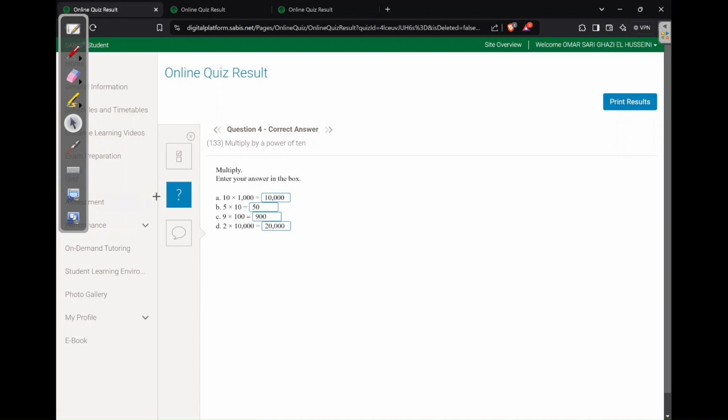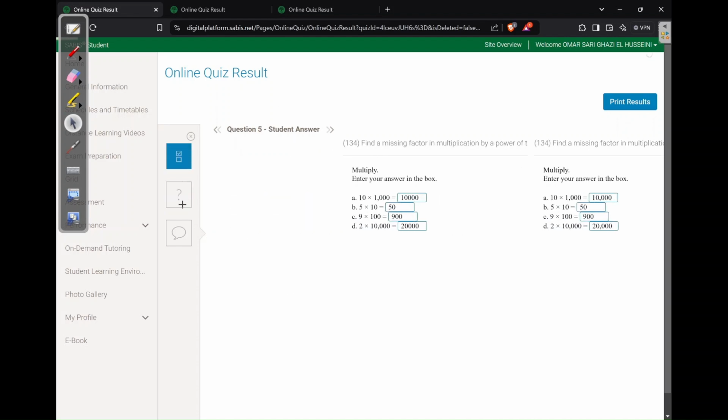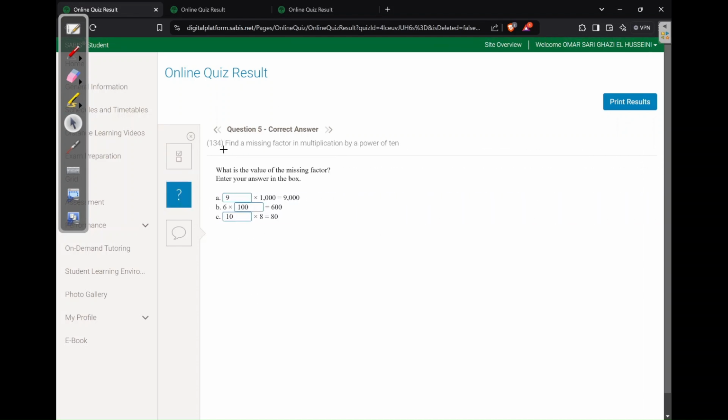Also, 2 times 10,000 equals 20,000, since we took the zeros at the end. 9 times 1,000 equals 9,000. It's because we also had the leftover zeros in it.